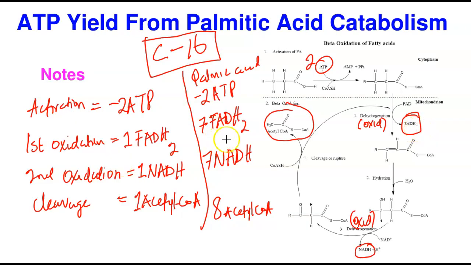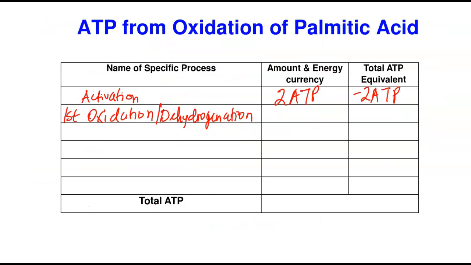In the case of palmitic acid, it's going to be 7 FADH2. To know the total, remember every FADH2 gives you 1.5. So 1.5 times 7 gives us 10.5. This is going to be a plus now because we're gaining something here.